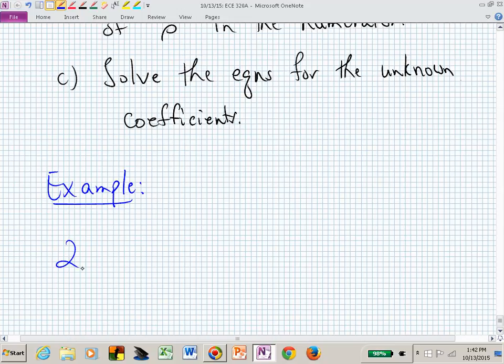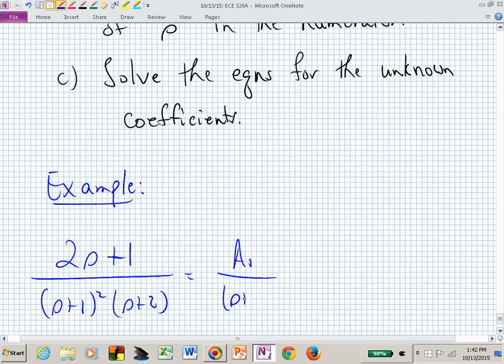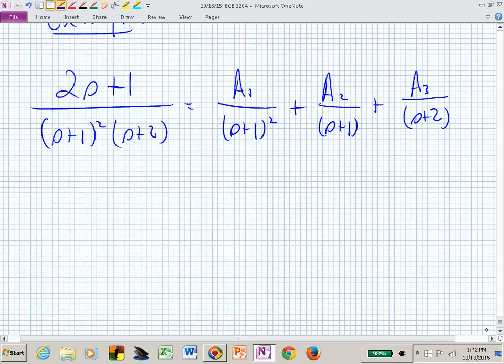we started with 2s plus 1 over s plus 1 squared s plus 2. And that was equal to a1 over s plus 1 squared plus a sub 2 over s plus 1 plus a sub 3 over s plus 2. Now what I want to do is put all of those terms on the right-hand side over the same denominator that's on the left.